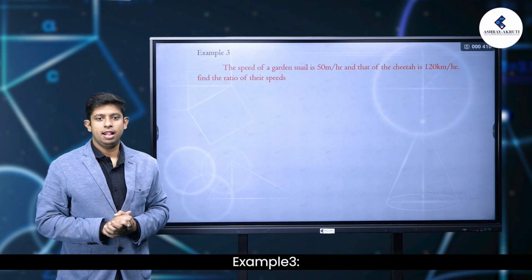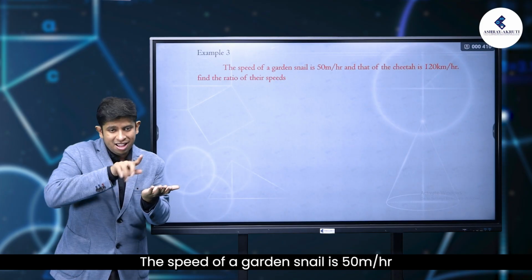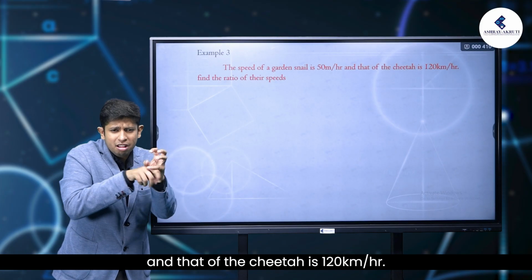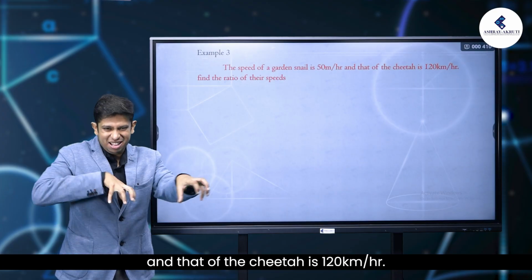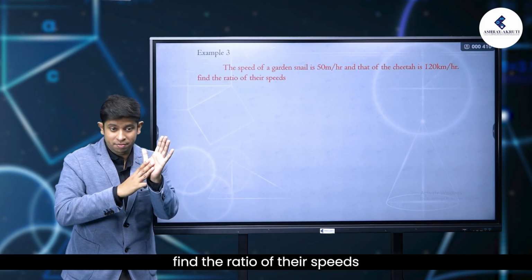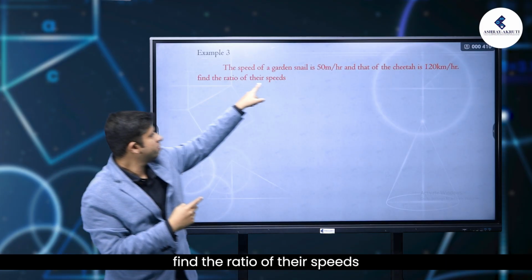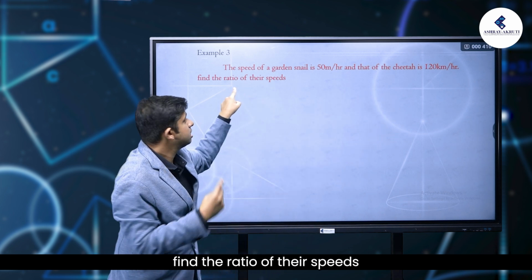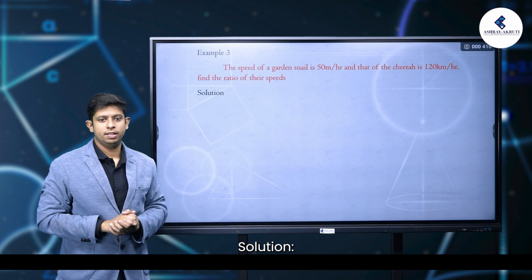Example 3. The speed of a garden snail is 50 meters per hour and that of the cheetah is 120 km per hour. Find the ratio of their speeds. Solution.